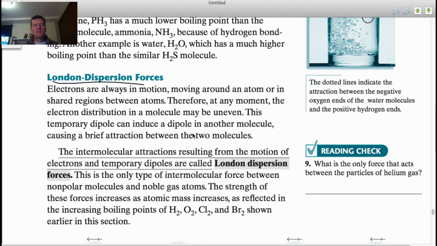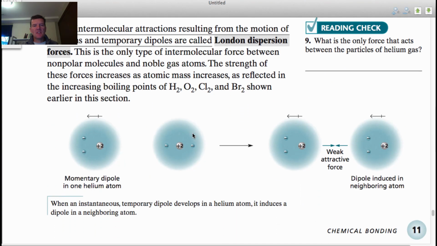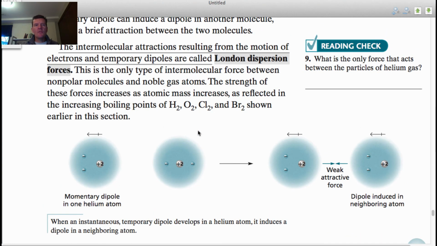London dispersion forces are the weakest intermolecular force, and that simply happens like this. When you have basically no dipole, none whatsoever, like H2, if you have a hydrogen bonded to another hydrogen, they're pulling with equal strength. There's not going to be electrons on one side and not on the other side, okay?